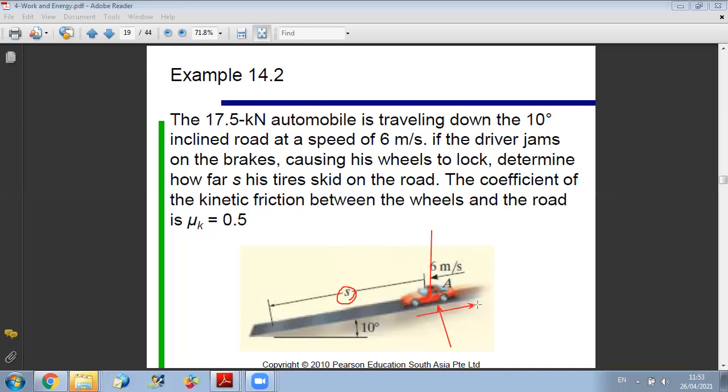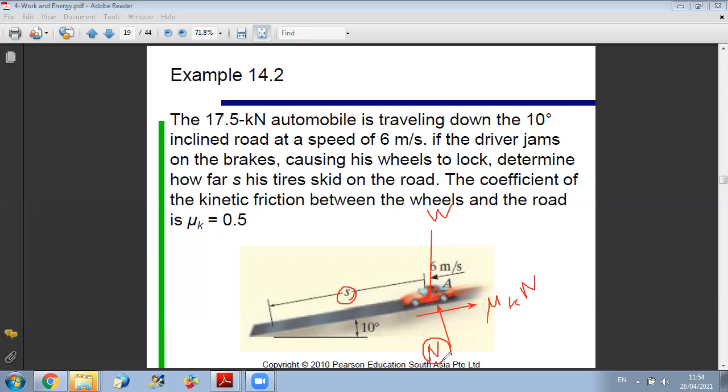So this is the friction, always parallel to contact along the contact line. So this is mu k n. This is n, and this is the weight.